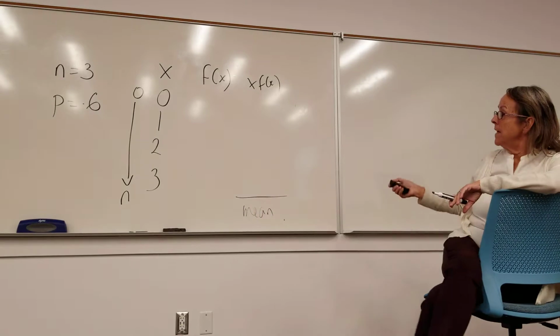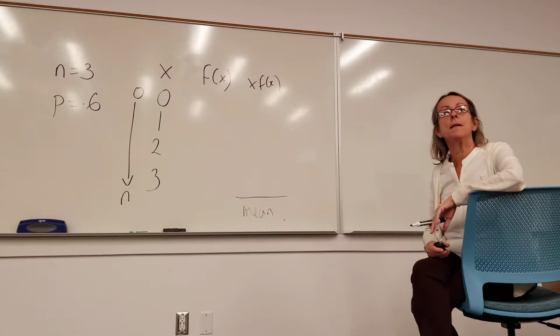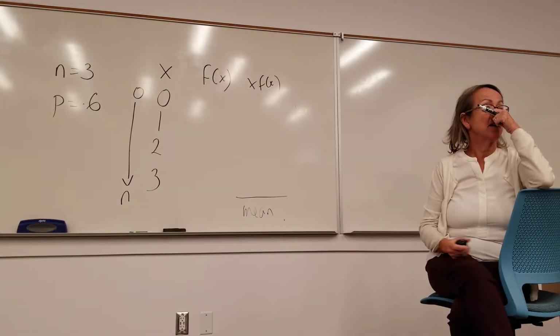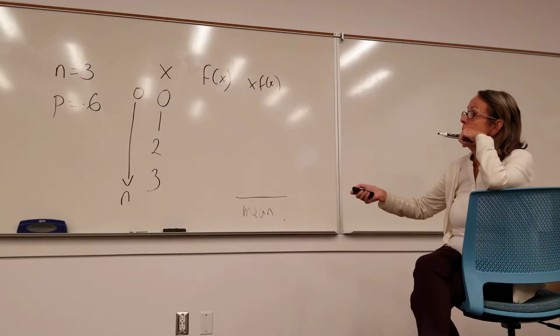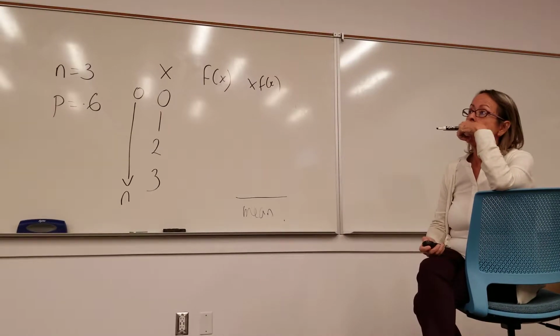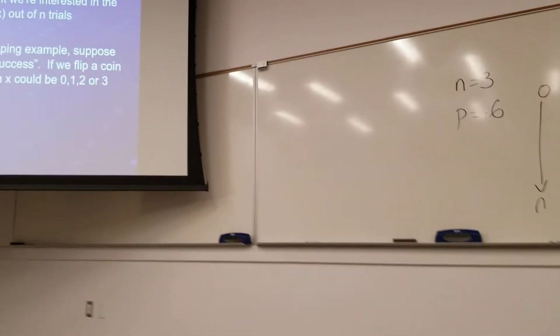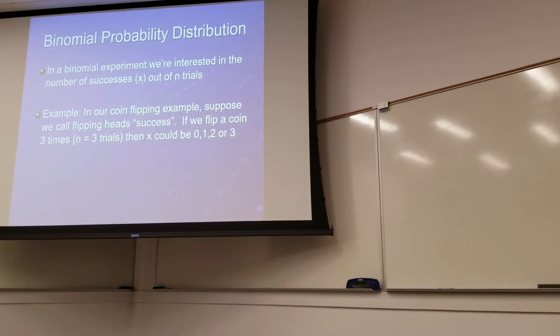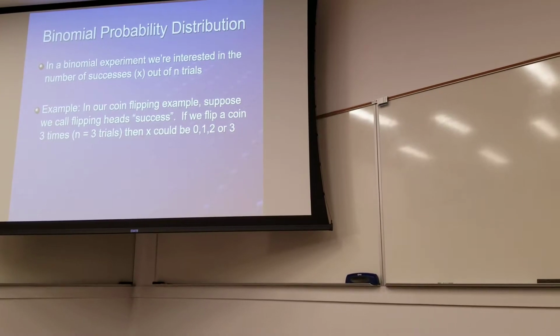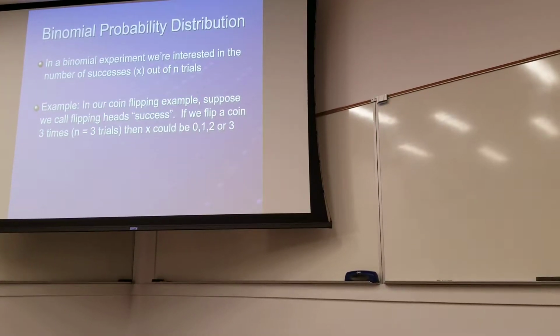But if you did all this, it might take you 3 to 5 minutes, you're going to run out of time. You're not supposed to do this if you can do this. Okay. All right. So we're always interested in the number of successes, and that, in my case here, is getting a dog.